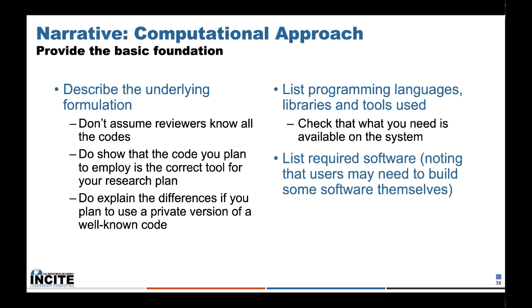But be sure to list all that is required, and note that in some cases users may need to be able to install software themselves. But in any case, if it's not clear, please feel free to reach out to us, and we can help you determine if what you expect to use is available or not on the systems. Next, please.